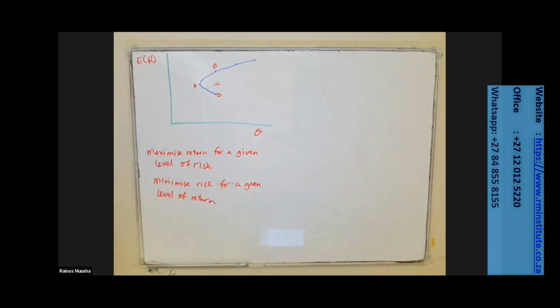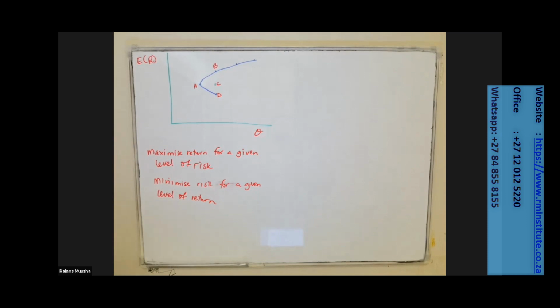So when it comes to investment, that's your goal, isn't it? My graph is slightly different from what they're explaining in the textbook, but it basically goes back to the same principle.